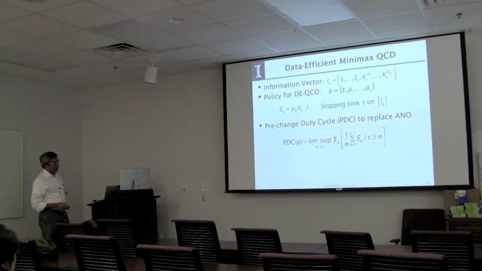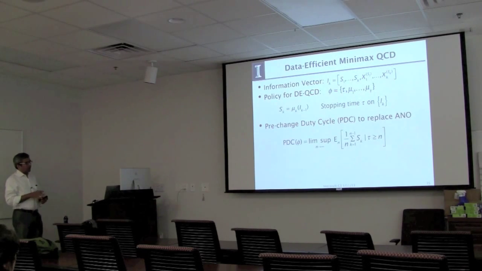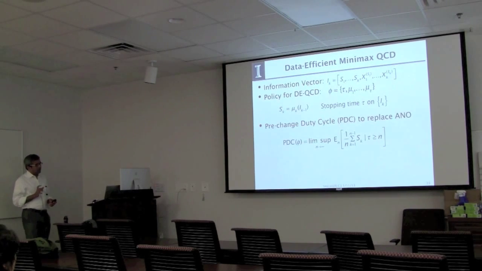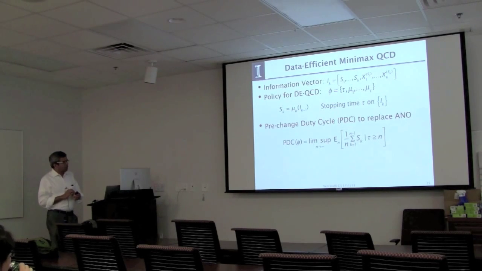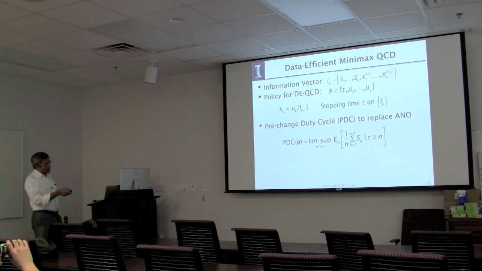Okay. So what we're going to do is use this quantity, which I'll call the pre-change duty cycle. So think of the duty cycle as basically a sensor being on or off, right? On means I take an observation, off I don't take an observation. So duty cycle is basically the percentage of time for which I'm on. Okay. So what this quantity is measuring is the following.